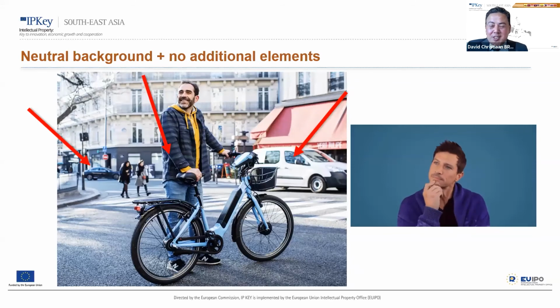Of course, clothing is also a design. So even if the applicant says in the application, I only want the bicycle, this is not an acceptable image for a design registration. There are too many designs in the background. The scope of protection is not clear like this.